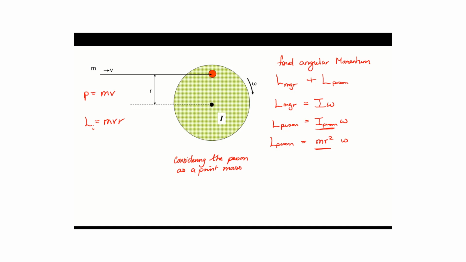Now, what we can say for the final momentum will equal I omega from the merry-go-round plus mr squared omega. And if we look at that, then we can say this is equal to that, assuming we've got no external torques or forces.